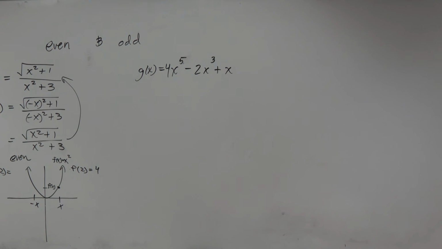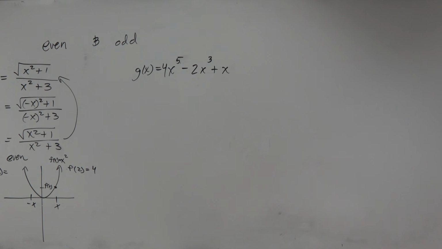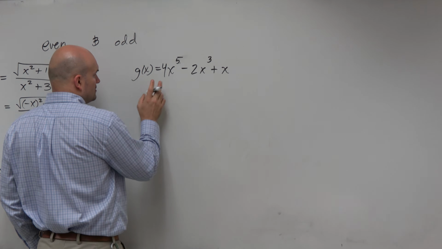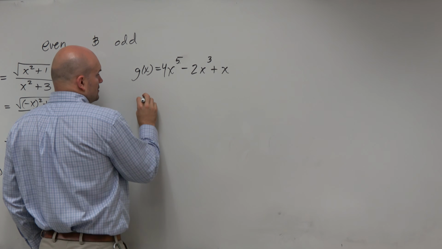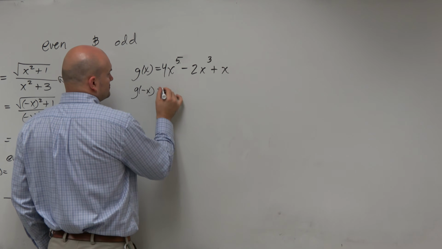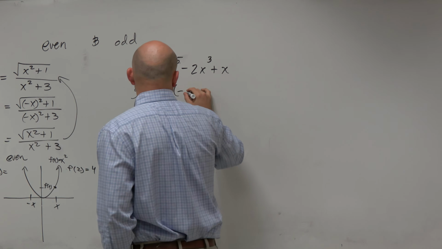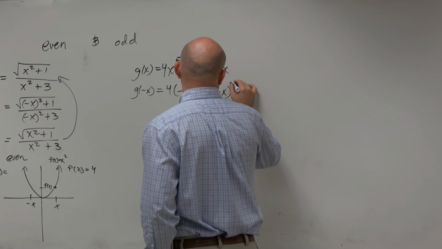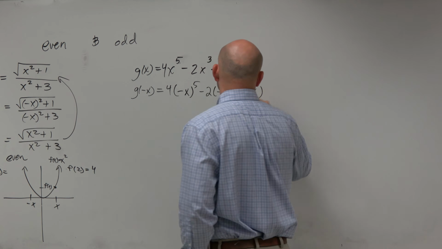be exactly the same. You guys are going to take a look at this function and say, all right, plug in g of negative x. So you have 4 times negative x to the 5th minus 2 times negative x cubed plus negative x.